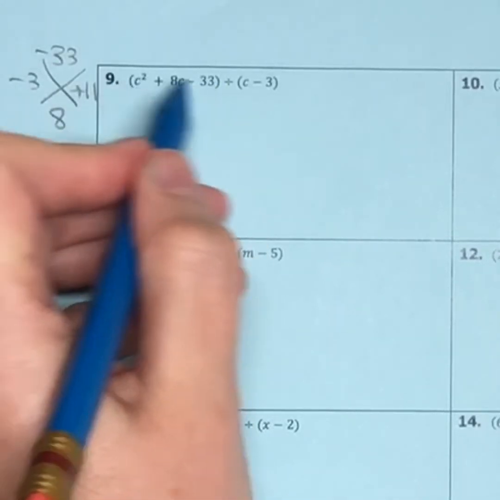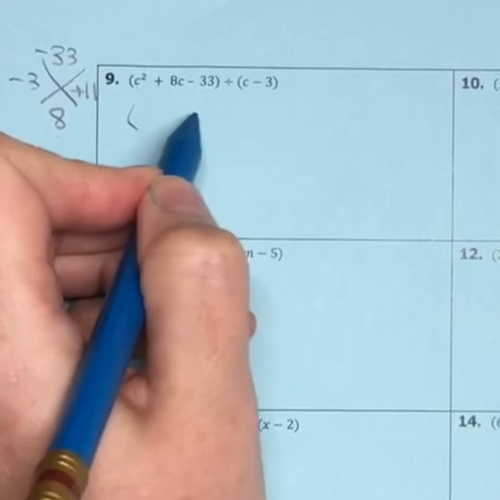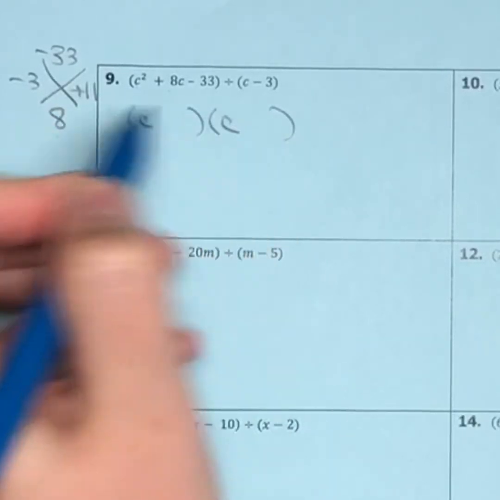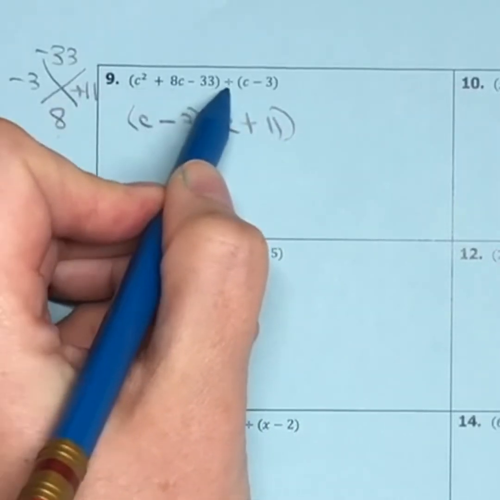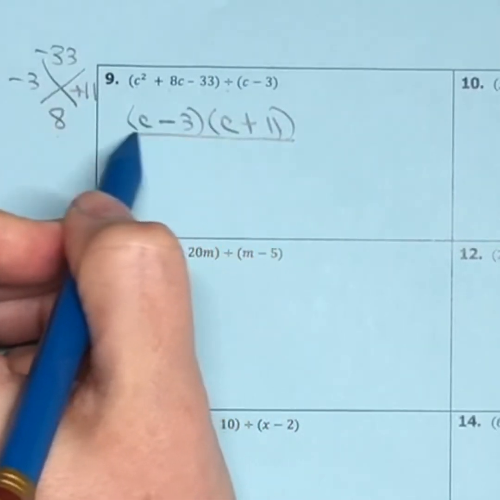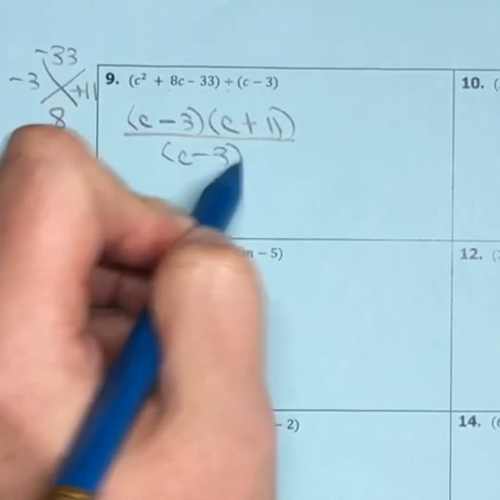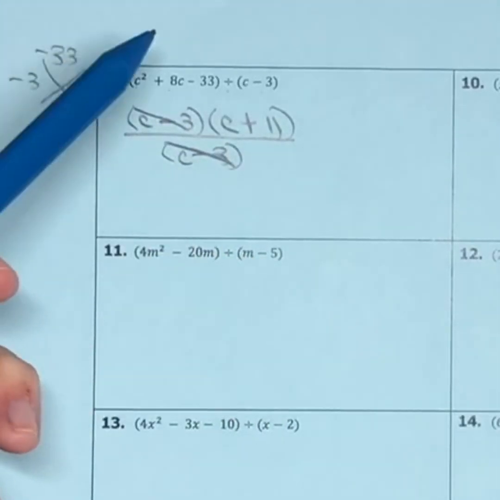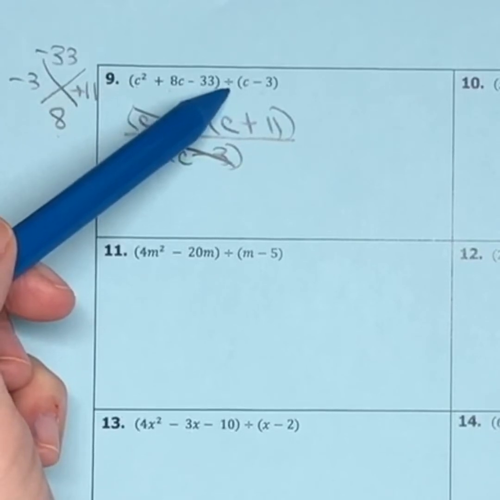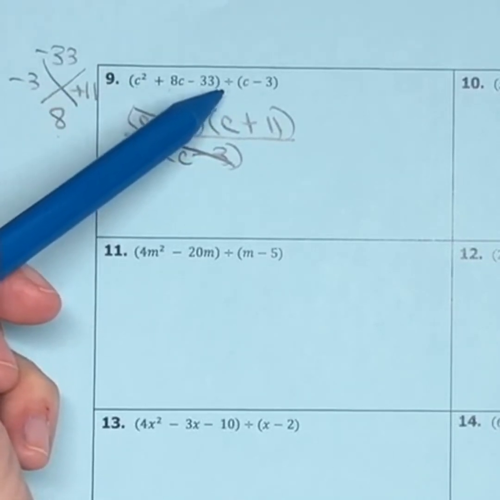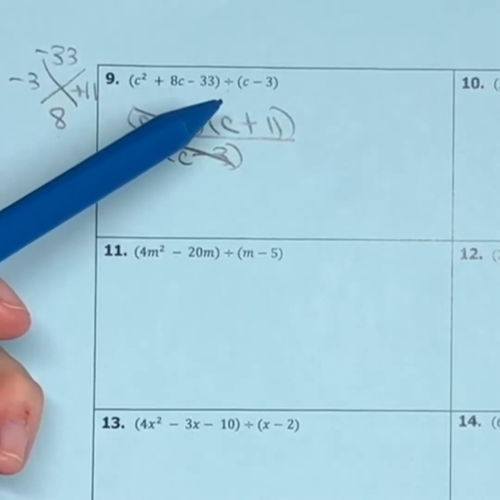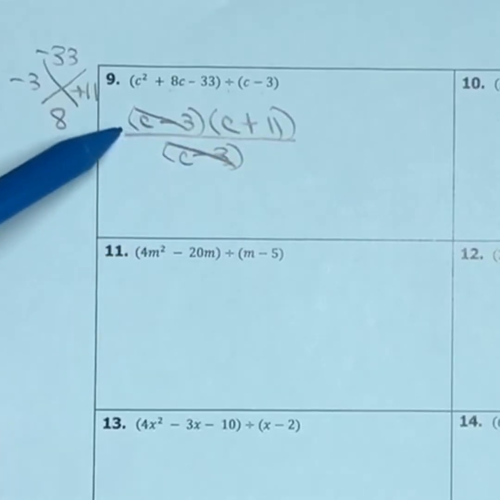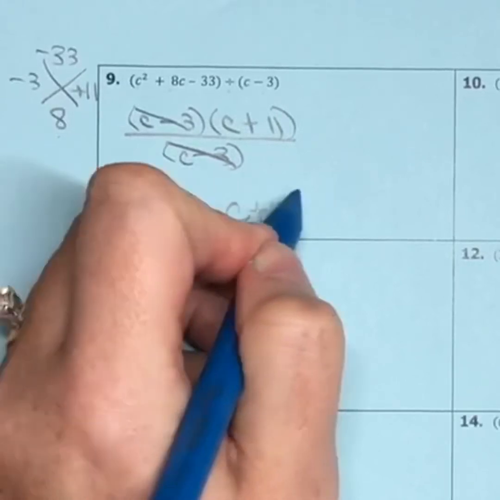So the first trinomial factors into c times c, then the minus 3 and the positive 11. And see this divided by c minus 3? I can write it as a fraction, c minus 3, and then just divide it out. I don't know exactly why, but you still see it sometimes even through pre-calc. I guess they're building flexibility to make sure you understand that the fraction bar is division. But we know that the final answer is c plus 11.